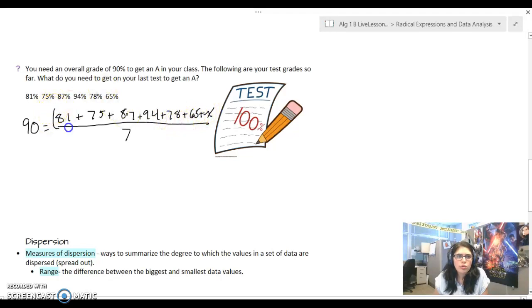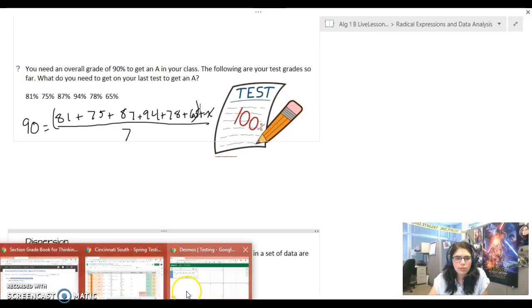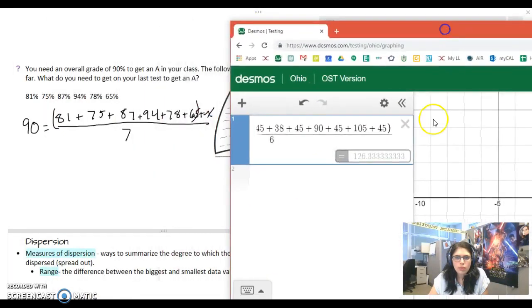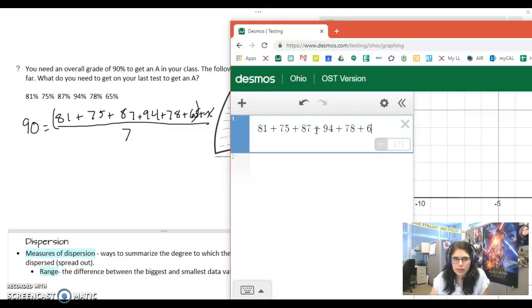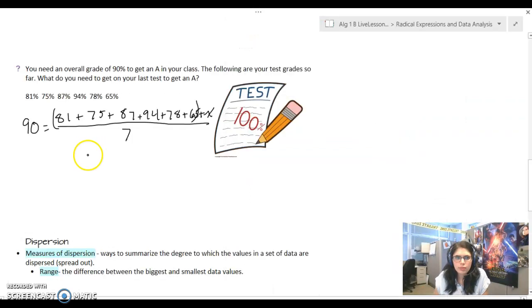And now I'm going to add all of these up to see what I'm adding to X. So 81 plus 75 plus 87 plus 94 plus 78 plus 65 gives me 480 plus X over 7. And that's going to be equal to 90.